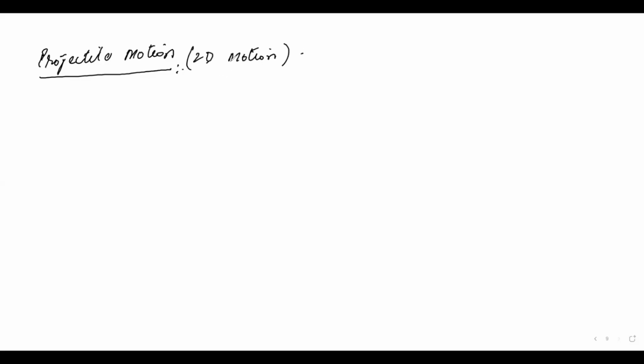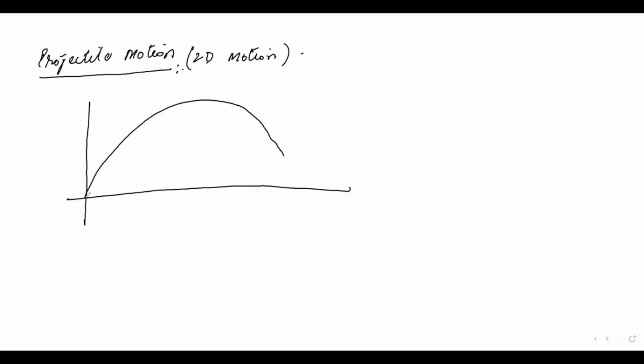Two-dimensional. And whenever we talk about two-dimensional motion, for example, I'm just talking about 2D parabolic motion. Exactly. We've got some sort of a motion where a ball moves like this, right?